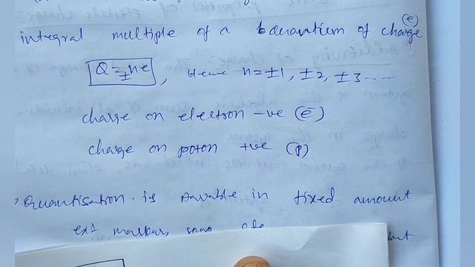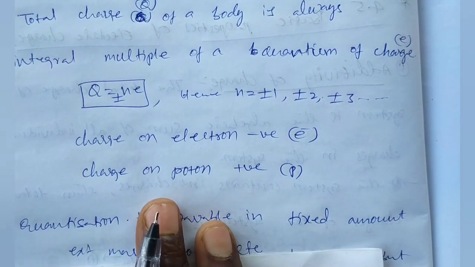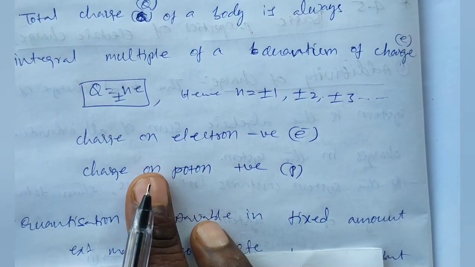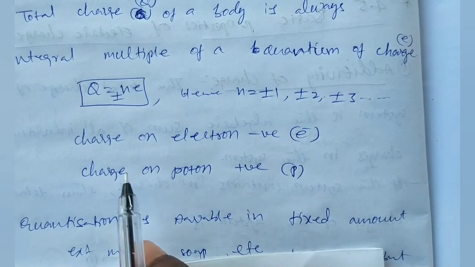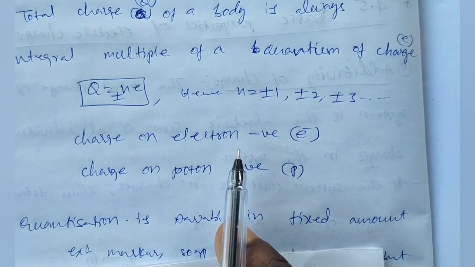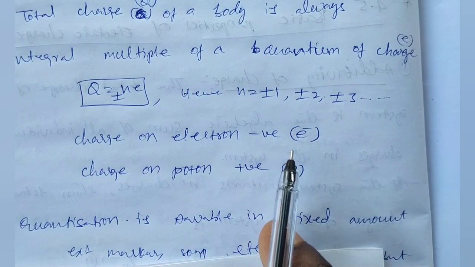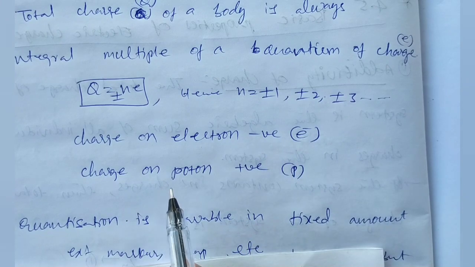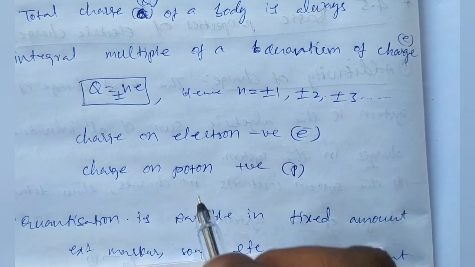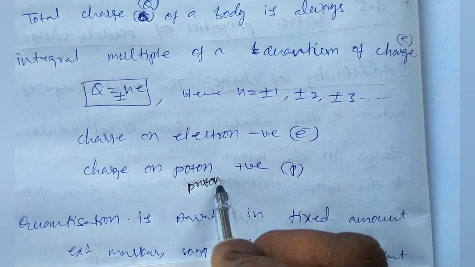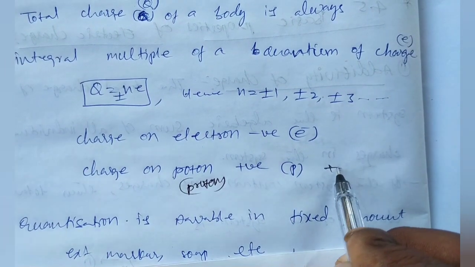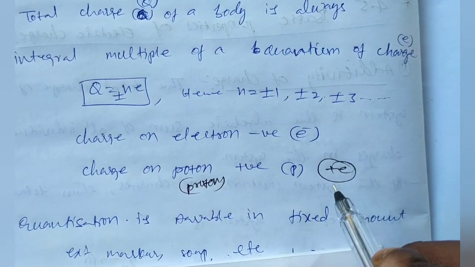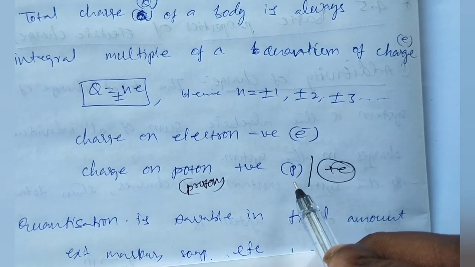According to charge, there are two types: negative charge carriers and positive charge carriers. The electron has negative charge. Suppose the proton has positive charge, or positron; that means plus E. Proton and positron both have positive charge.